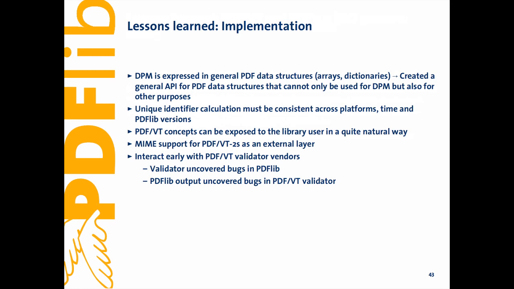We spent a lot of effort to get the unique identifier calculation right, so that the identifiers do not vary across platforms, time, and PDFlib versions, and hopefully we will be able to keep it that way. As we saw with the programming model, we could extend it in a quite natural way, so it's not really hard for users of PDFlib to create PDF/VT documents.